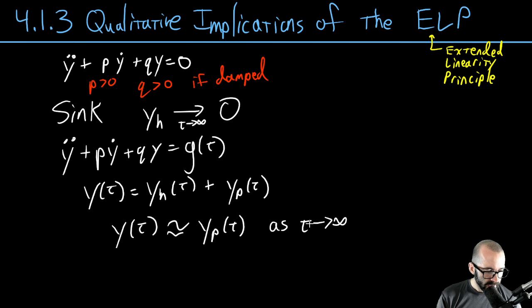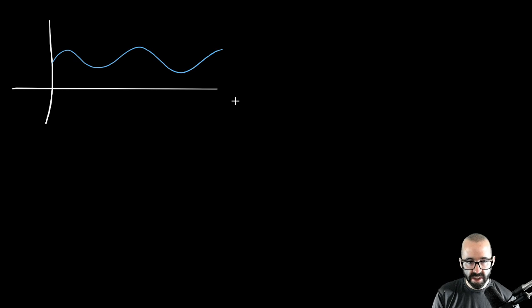Okay, so that's going to be pretty interesting, and we can see a couple of visualizations of this in the textbook, which I didn't grab the image for. But essentially, maybe you have a whole bunch of different particular solutions, maybe your forcing function is some kind of sinusoidal forcing function.